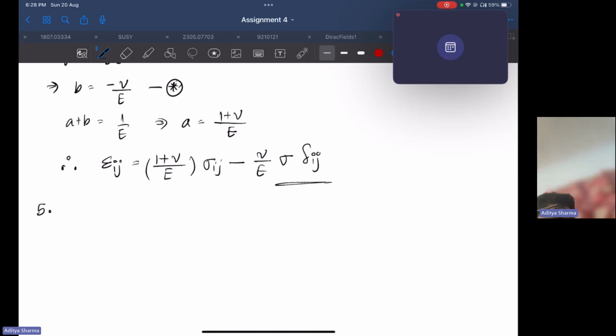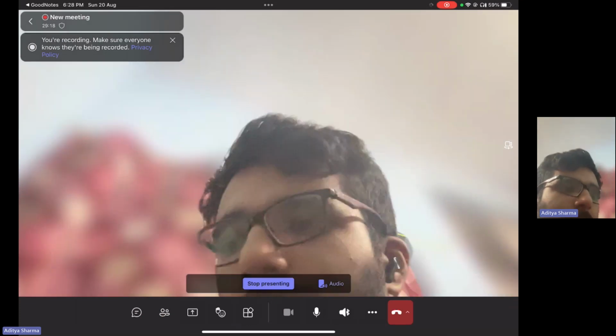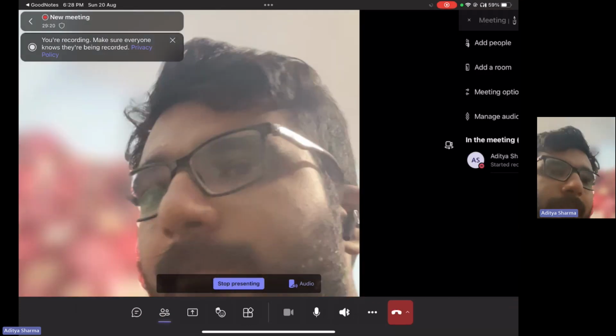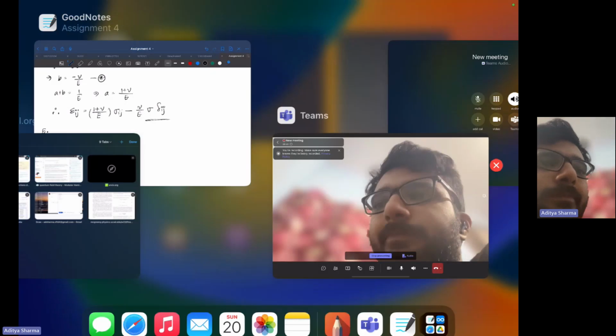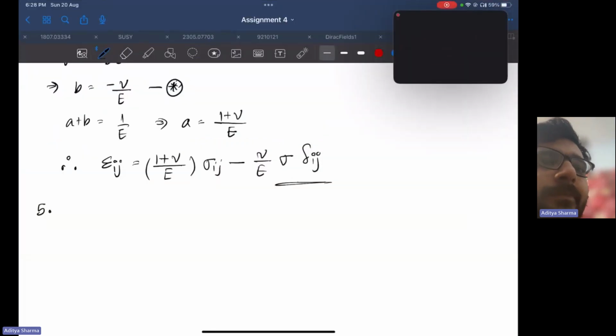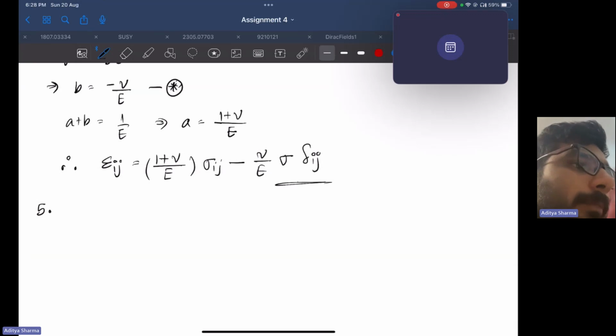The stress function method starts with the idea... okay, now we'll do some problems in the stress function method.